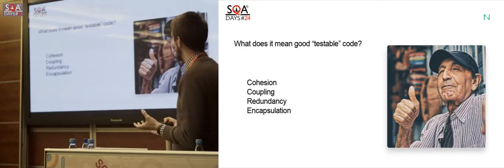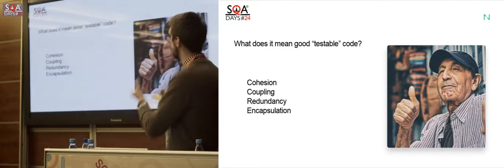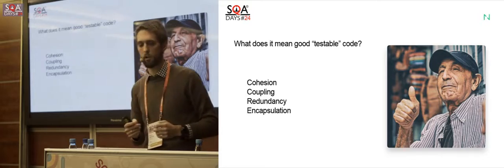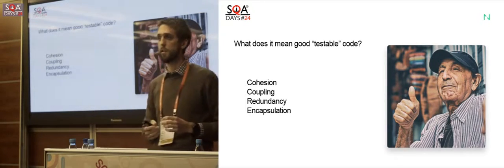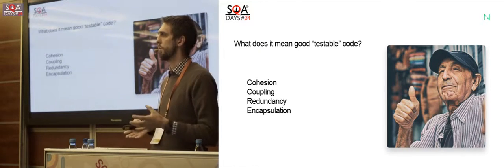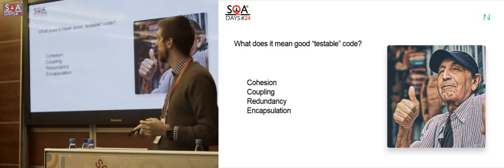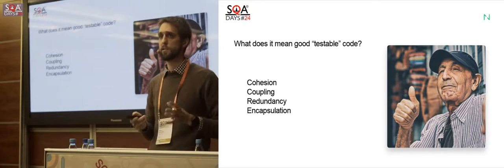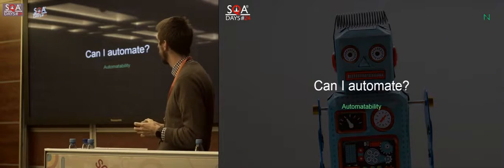And of course, if you would like to have some good testable code, then those are the keywords you would like to explore with your developers: high cohesion, loose coupling, low redundancy, and encapsulation. These are simple concepts to understand, however, much harder to apply in practice. But I think that's a topic for a separate presentation, or at least not for a lightning talk.